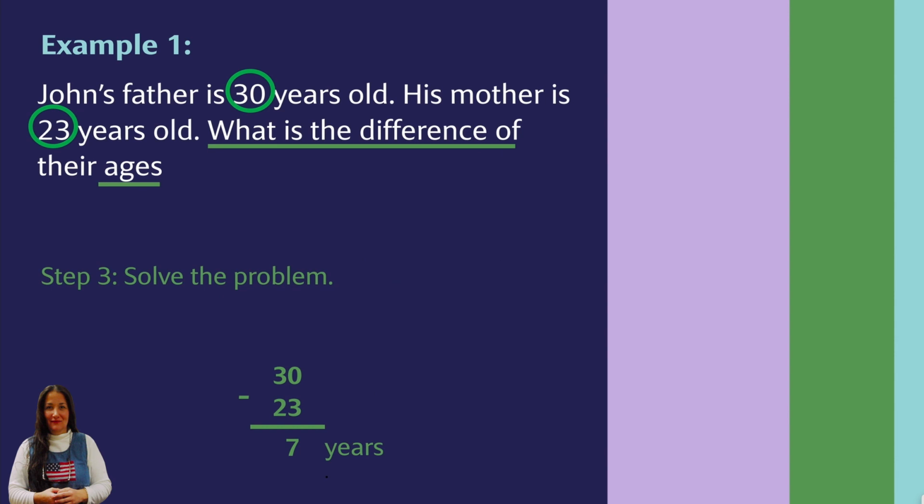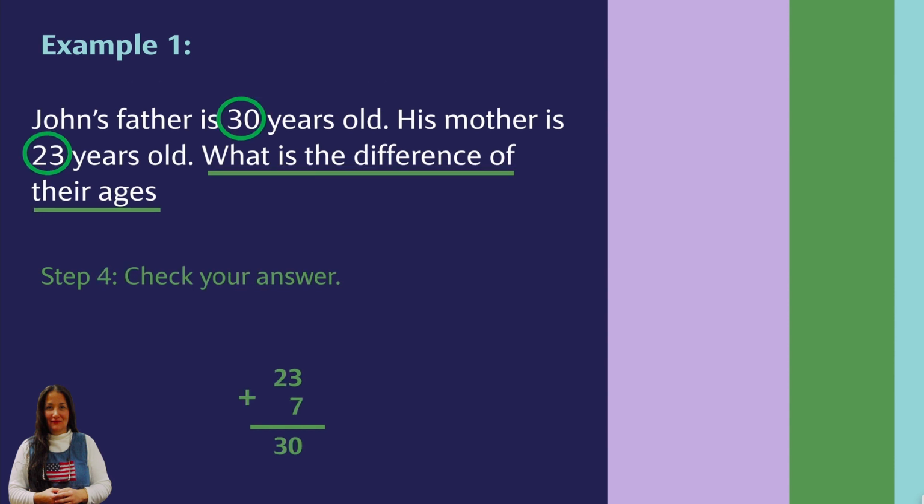Solve the problem. 30 minus 23 is 7 years. Make sure you say the object of what you're solving for, such as the word years. Step 4. Check your answer. 23 plus 7 equals 30.